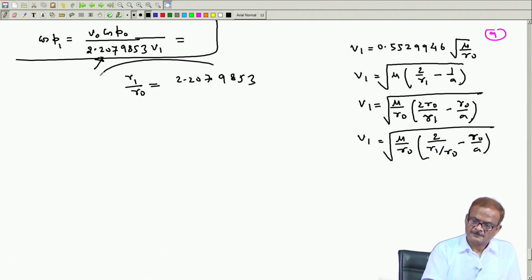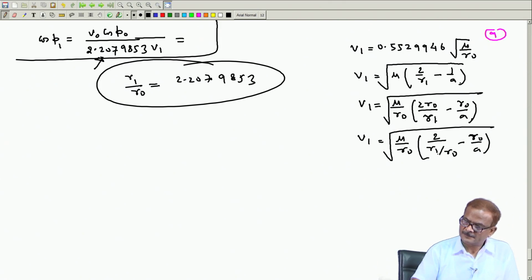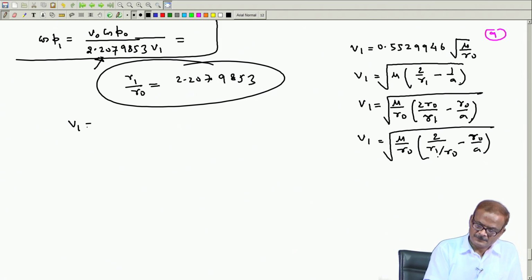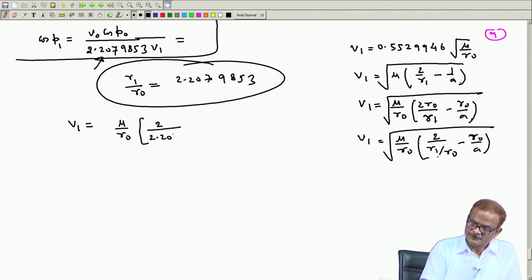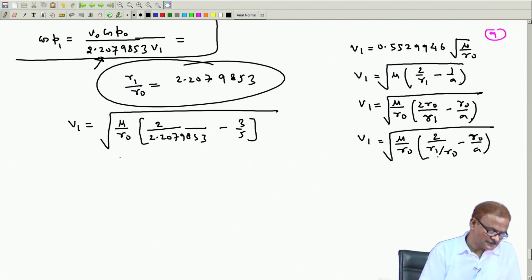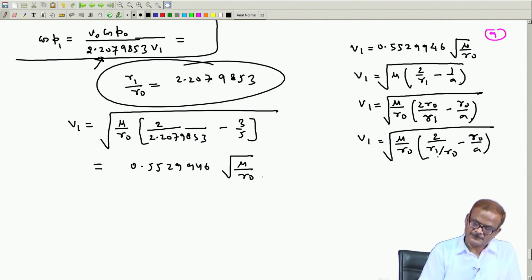By inserting this, we get V 1 in terms of mu by R 0 times 2 divided by 2.2079853 minus 3 by 5, and therefore we get this quantity as 0.5529946 under root mu by R 0.